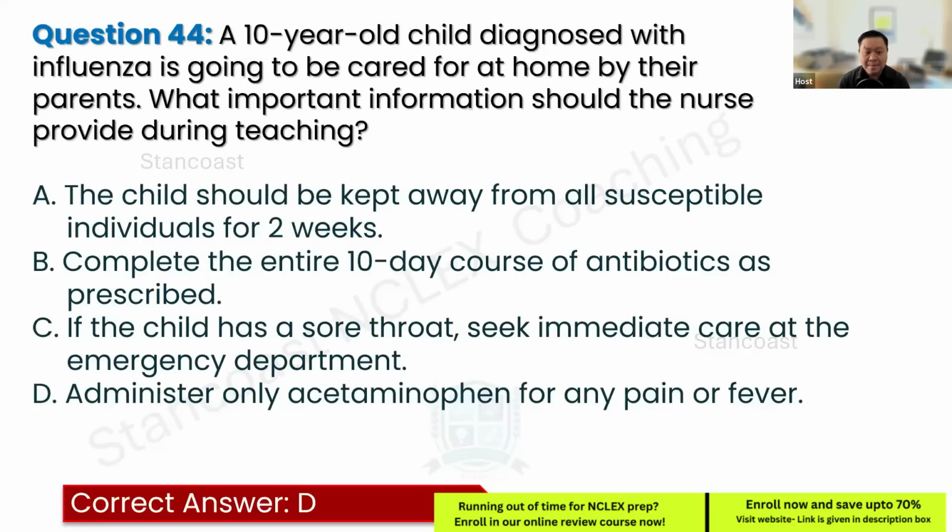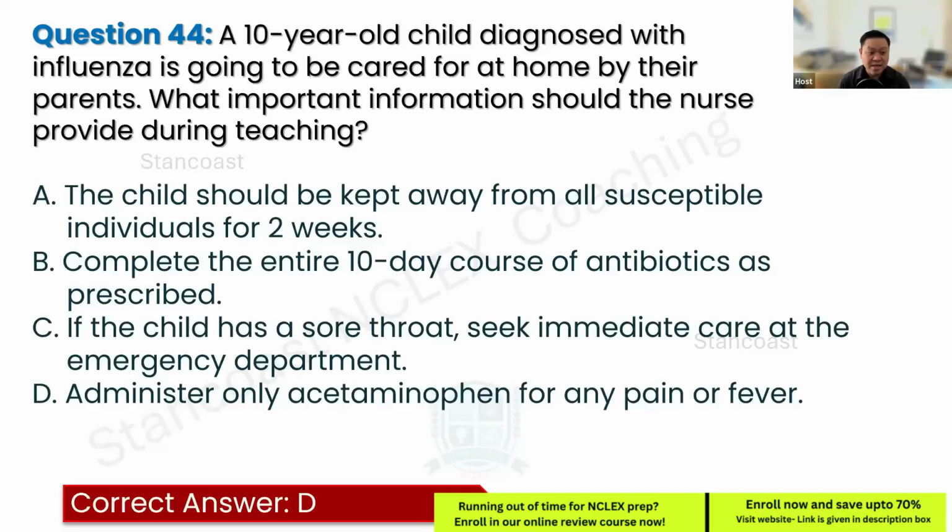Only acetaminophen should be used for fever or pain management in this case because it's safe for the child with influenza. Letter A is incorrect. The communicability of influenza significantly decreases after 5 days of symptom onset. Letter B is also incorrect because antibiotics are ineffective against viral infections like influenza, which means the statement is misleading.